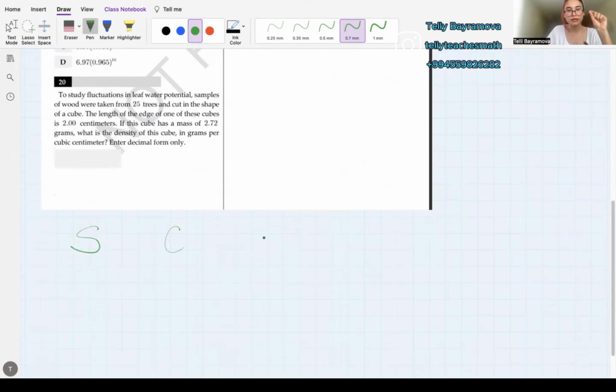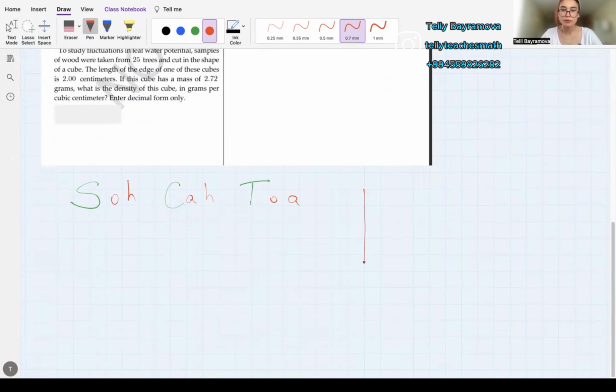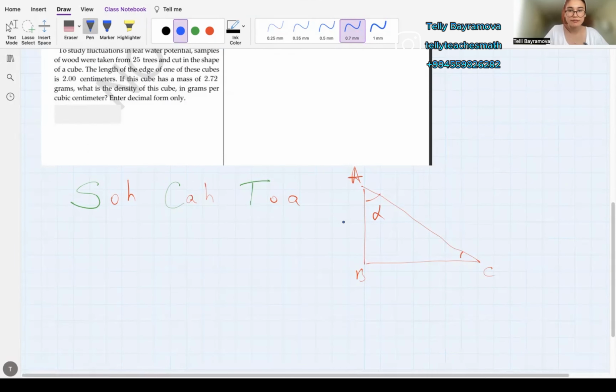Guys, what do we know about this? So, SOH CAH TOA. If we are talking about a right triangle, let's say A, B, C, and angle A, alpha. You know that alpha plus beta equals 90 degrees, but no need for this one. Sine alpha: which side is opposite? BC is opposite, this is the hypotenuse, and this is adjacent.